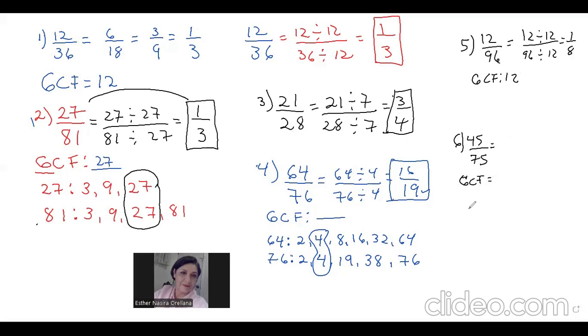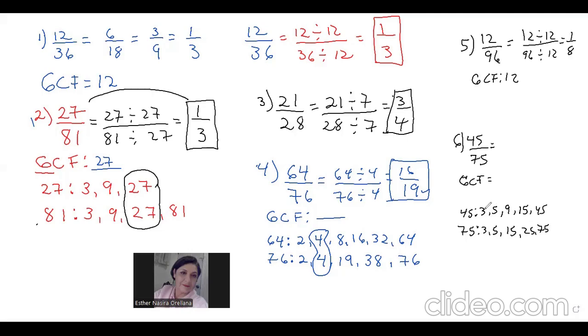Let's find out. 45, factors of 45: 3, 5, 9, 15, and 45. And 75, factors of 75: 3, 5, 15, 25, and 75.